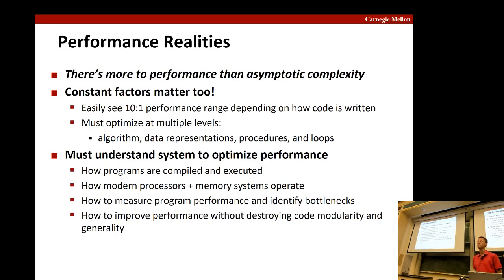Part of that is understanding what the optimizer and the compiler will do for you automatically, and what you would hope it might do but doesn't, for whatever reasons. And you can adjust your code slightly to help it out, ways you can help the compiler along. We want to do all these improvements in performance without destroying other nice properties of your programs, like their modularity and their generality.